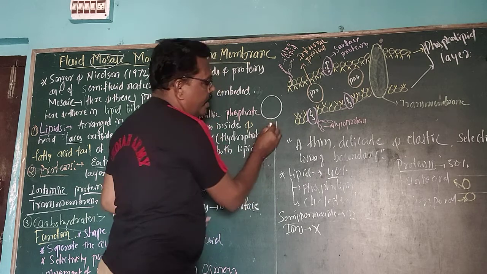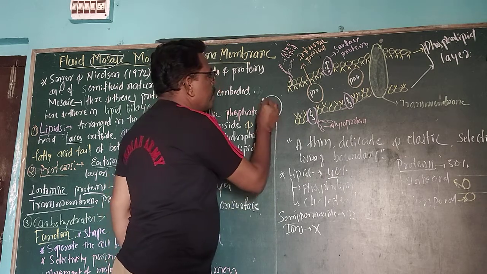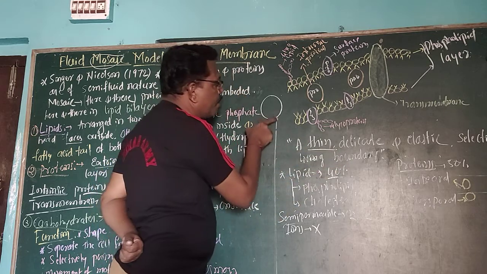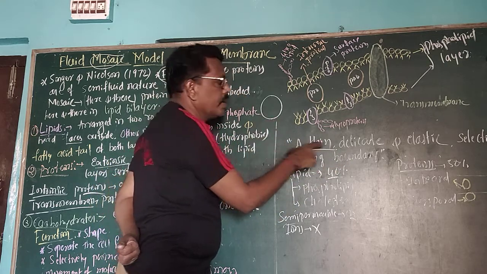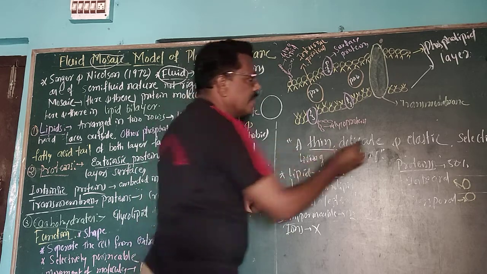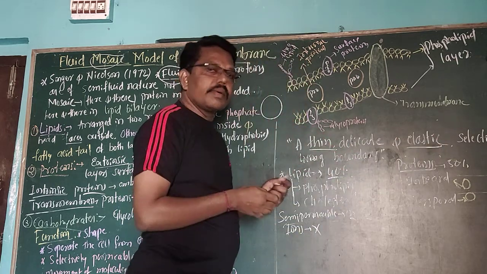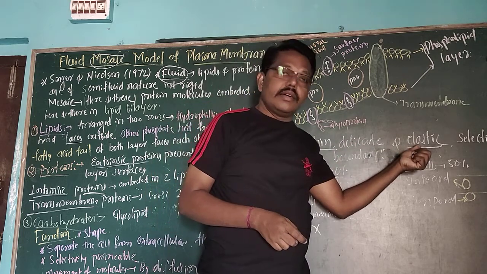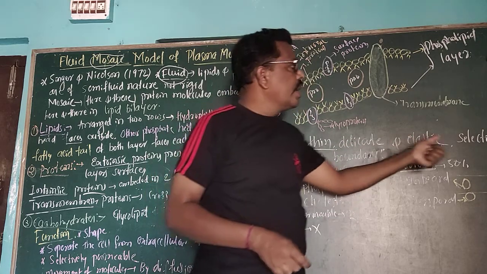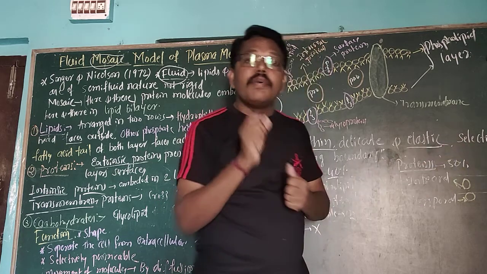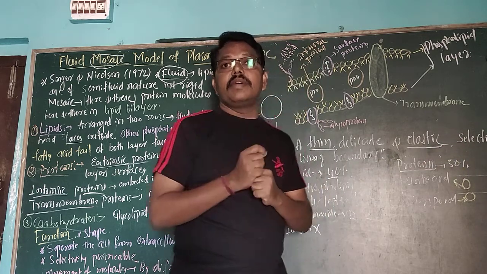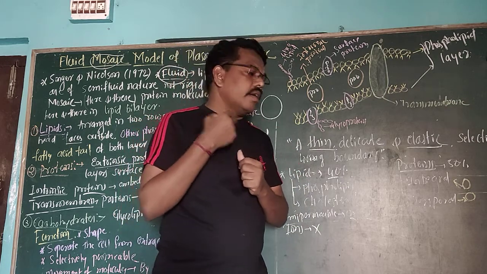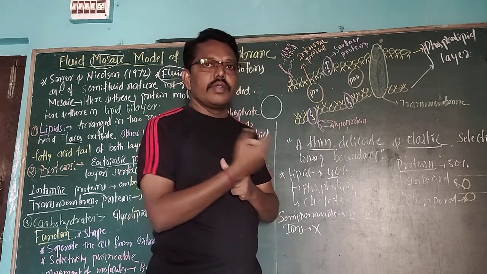This membrane is thin in nature, delicate as well as elastic, and it is selectively permeable. That means semi-permeable in nature. It selects the molecules; not all molecules are allowed to enter the cell.